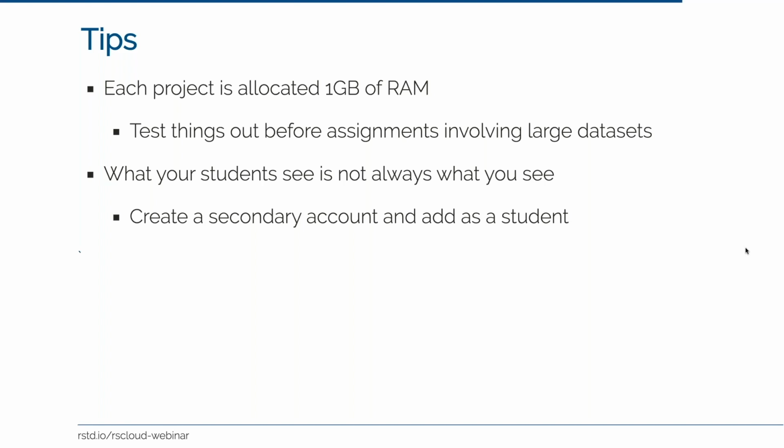And one of the things where you may not be able to try is if you have a project that involves students going to get their own data sets, then you can't necessarily foresee whether or not the memory will be sufficient. Remember that you can increase the memory allocation of a project if you need, but it's important to test things out so you don't run into surprising roadblocks in the middle of teaching.